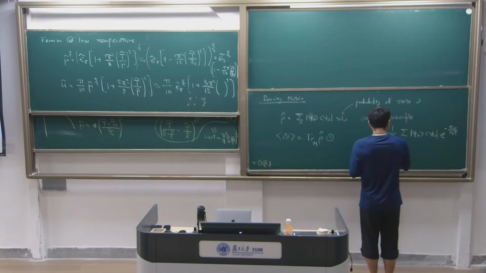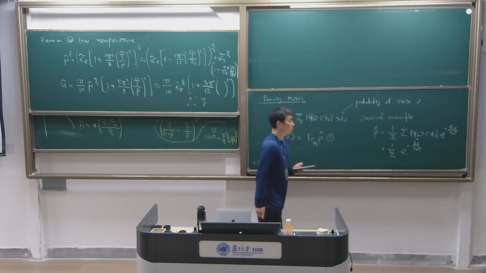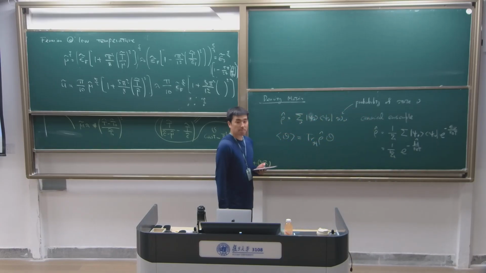More precisely, using operator formalism, this is e to the minus H hat over kT.